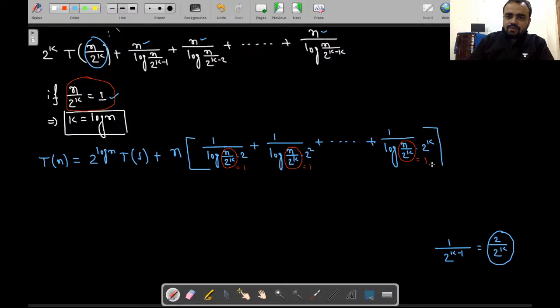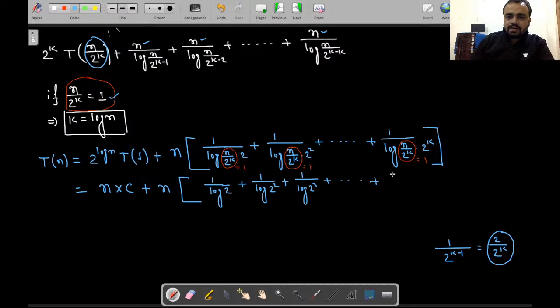So ultimately what we can write, please try to understand. Of course this one will become n and this one will become the constant c, plus here this is the n, and inside the bracket it will become 1 by log of 2 plus 1 by log of 2 square plus 1 by, similarly you can write, log of 2 to the power 3 and plus up to dot dot dot, you can write 1 by log of 2 to the power k.